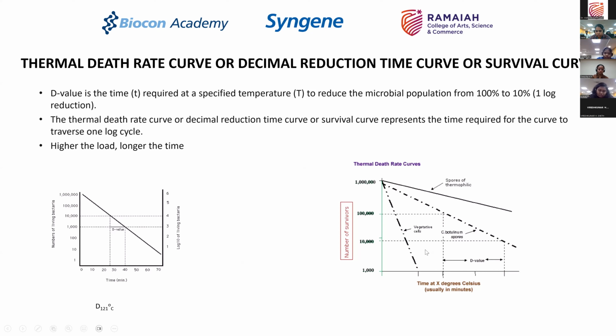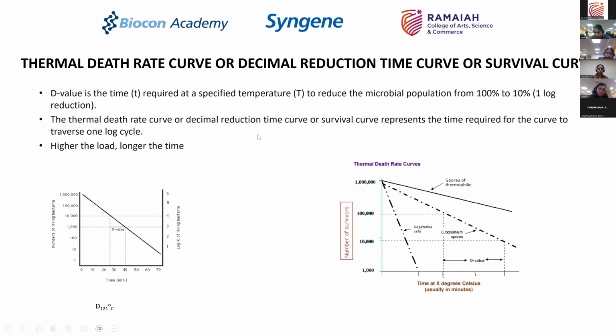So you say vegetative cells, you say C. botulinum spores, you say another thermophilic organism like Geobacillus stearothermophilus, and then you say what is the time taken for a one log reduction, and you get the time from a linear curve. So you could measure the number of survivors at a given temperature. You take samples at different times, plot them, take the linear curve, and then see where you have achieved a tenfold reduction by plotting various points, and that gives you a D value.